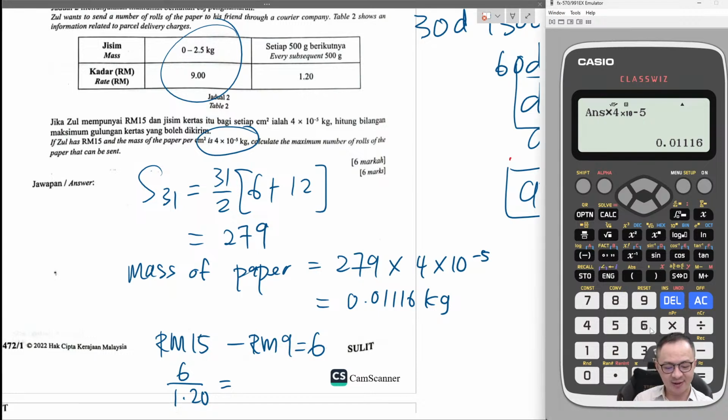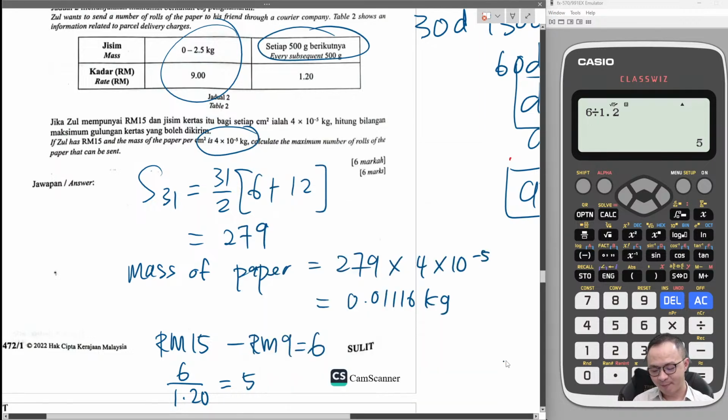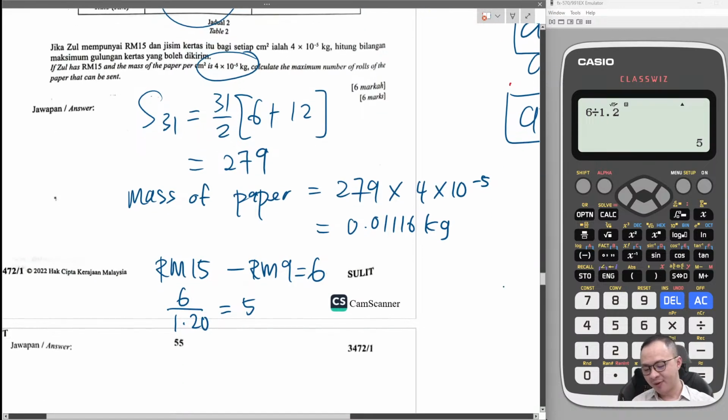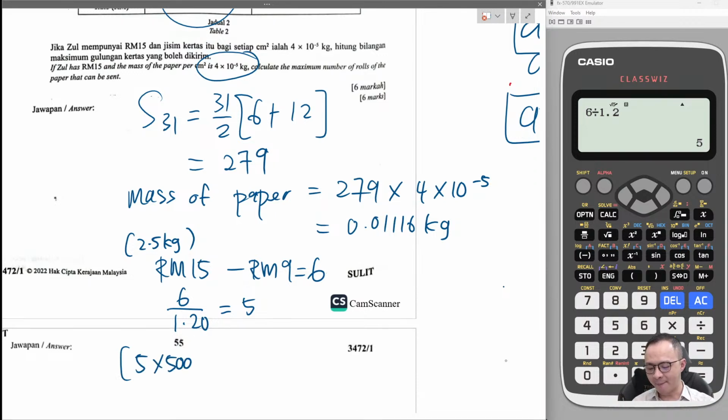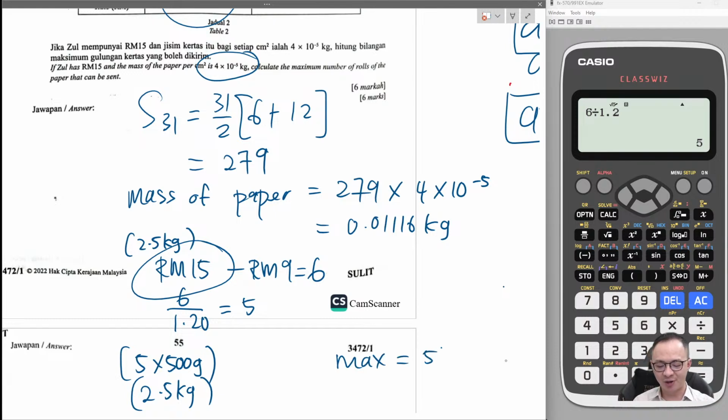So 6 divided by 1.2 is 5, isn't it? So I can still purchase 5 of the 500 gram. So here, the first one gives me 2.5 kg. Then here gives me 5 of the 500 gram, which is also 2.5 kg. That means 15 ringgit maximum can cover about 5 kg.